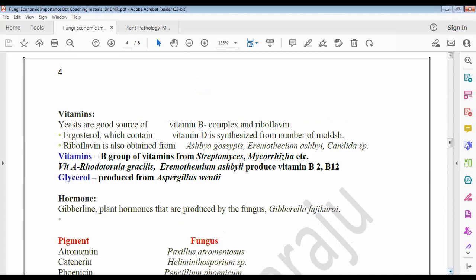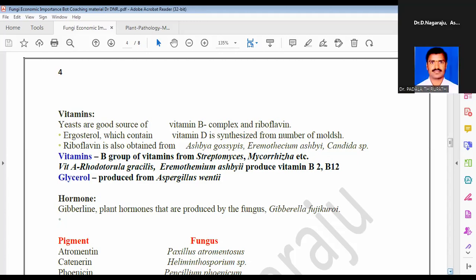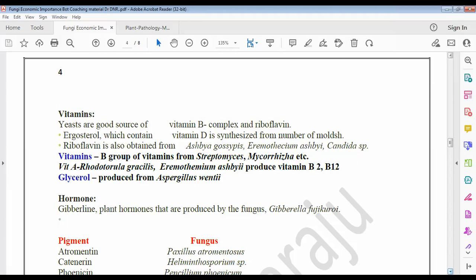And many vitamins, B, D, C, E, K, are produced using fungi, especially in all fermented foods. There is a rich source of B vitamin in idli, dosa, vada, jalebi, curd, and all fermented food material. That is because of these microbes.